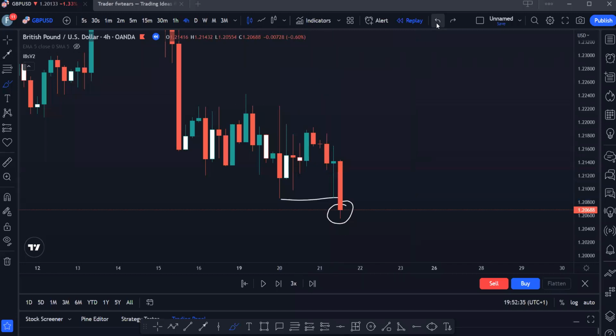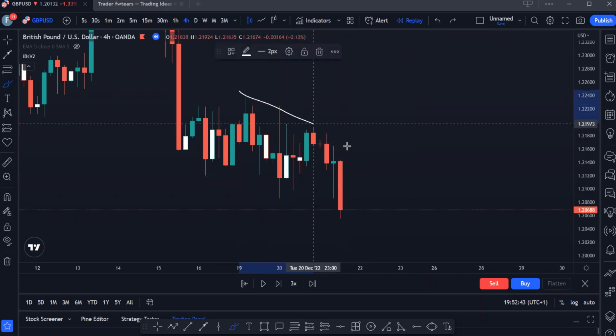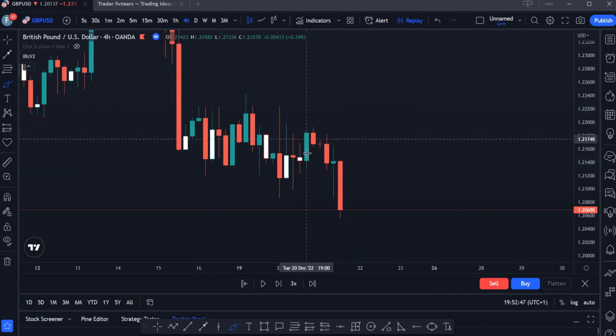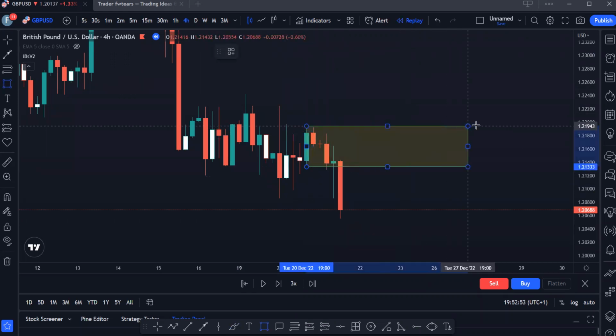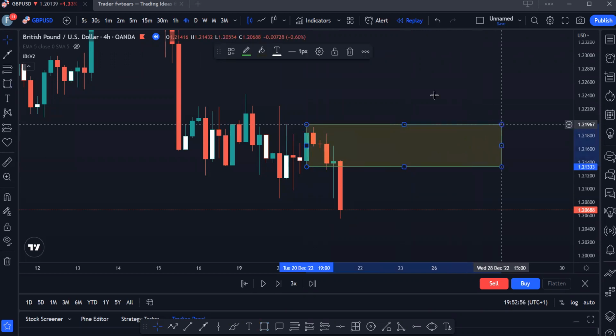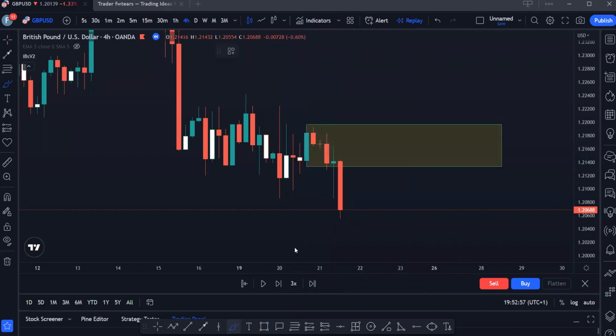A lower low means it's a downtrend, so you want to identify a resistance zone in this structure. This is a resistance; the last buy candle is this. If price retraces into this, you're looking for sell opportunities.